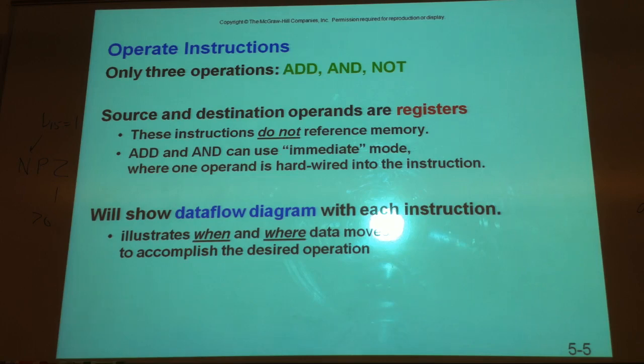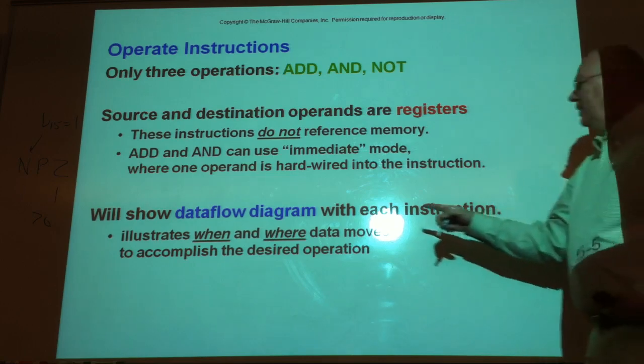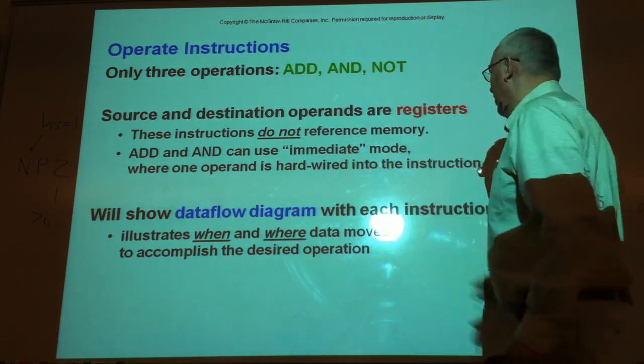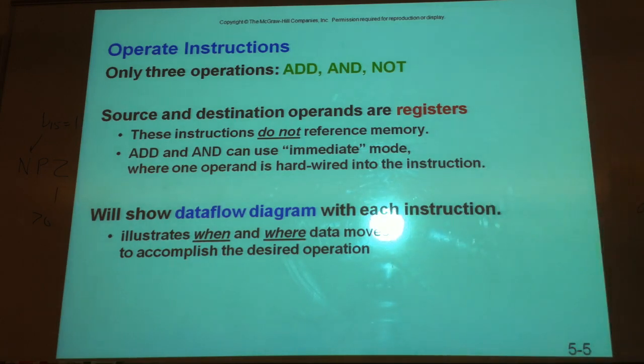Well, in an immediate mode, what that means is if I say ADD R3, comma, R2, comma, 5, I add 5 to R2 and store it in R3. Well, NOT is unary.